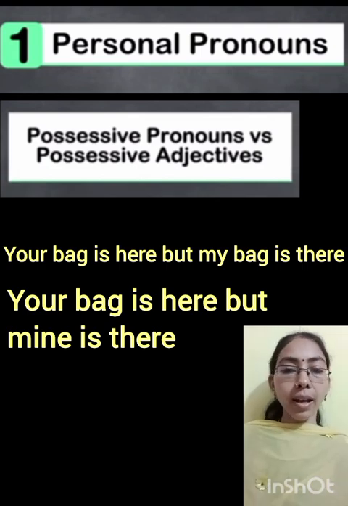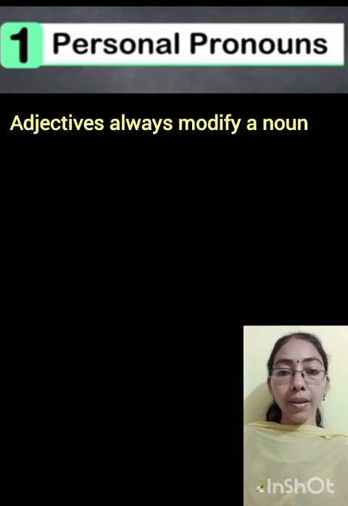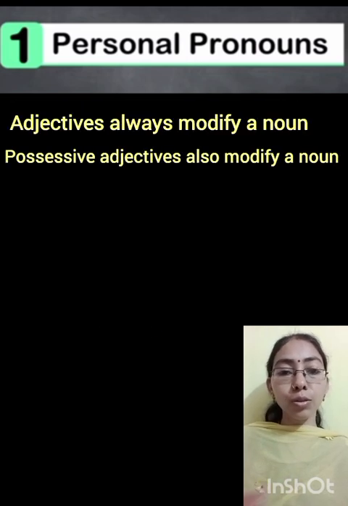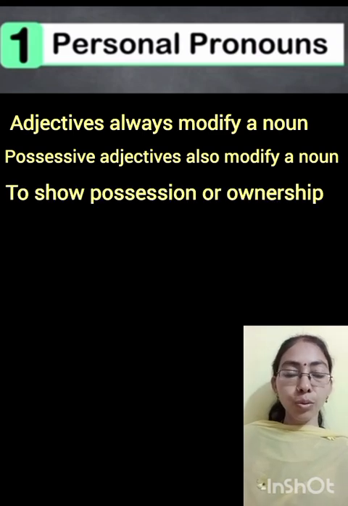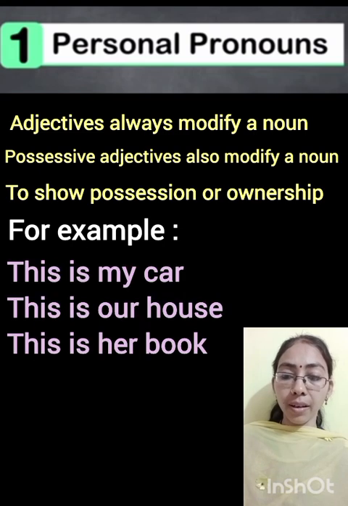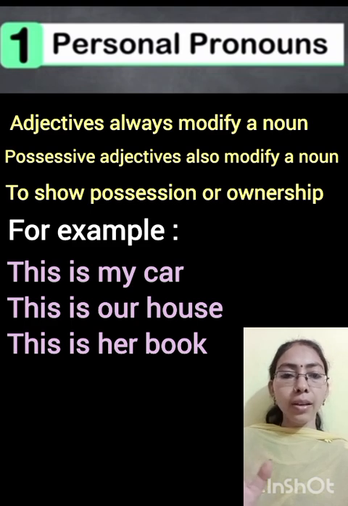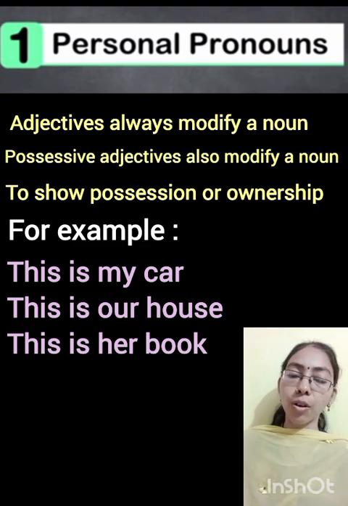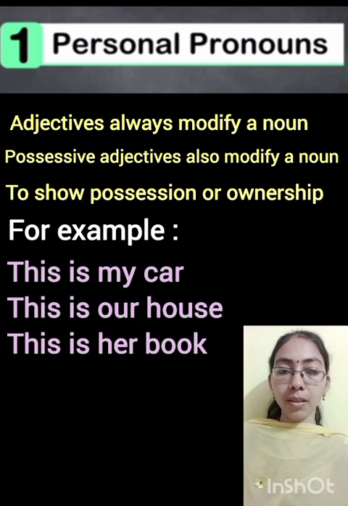As you know, adjectives always modify a noun. So possessive adjectives also modify a noun to show possession or ownership. This is my car, this is our house, this is her book. Just like all adjectives are followed by a noun, the possessive adjective is also followed by a noun.